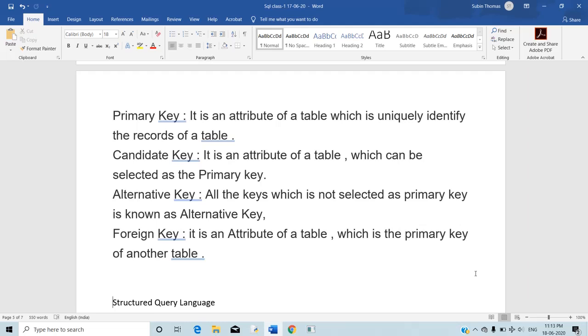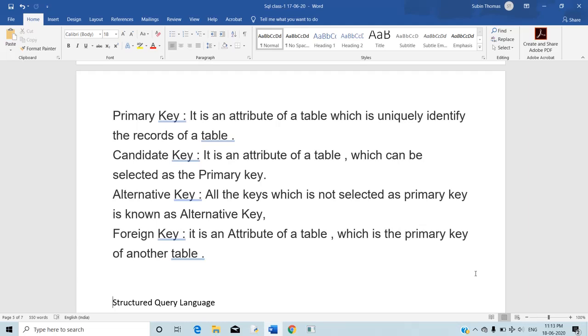And the next one is foreign key. Foreign key is always used with two tables. It is an attribute of a table which is the primary key in another table. I'll give an example.